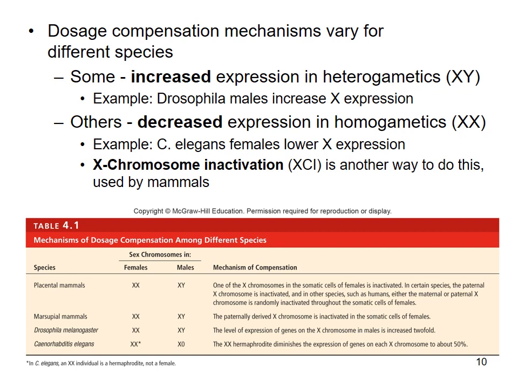Or you can decrease the expression, meaning that if you're looking at a homogametic sex, so a species that has two X's, such as the females in mammals, we would decrease the expression by silencing one of the X's, so that across the board in both the males and the females, they would only have one representation of the X chromosome.